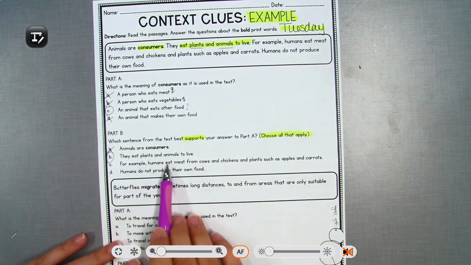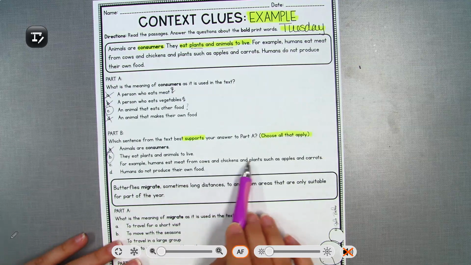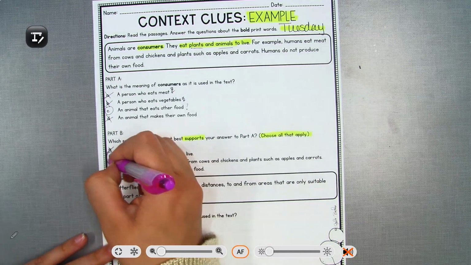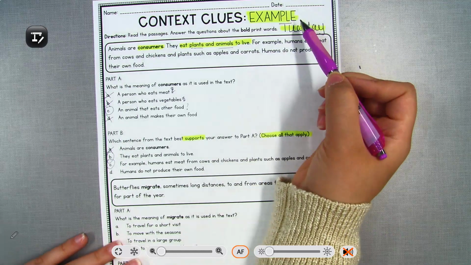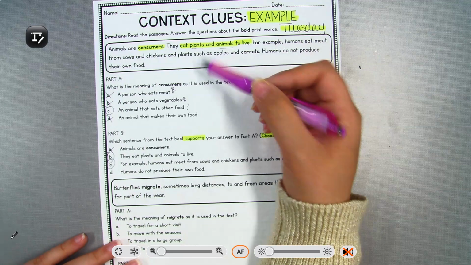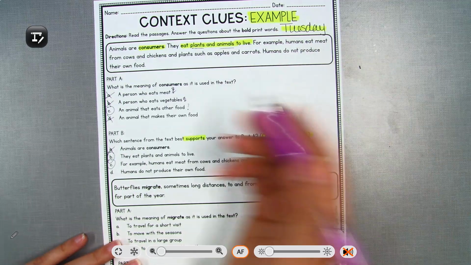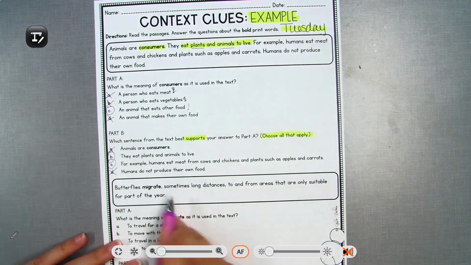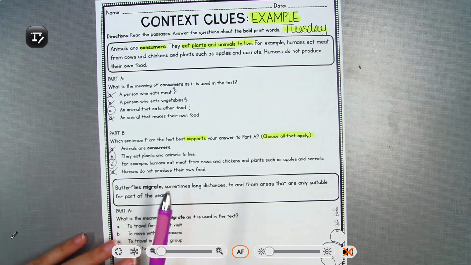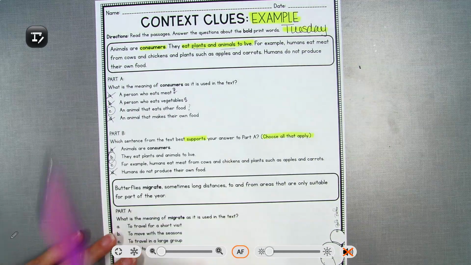For example, humans eat meat from cows and chickens and plants such as apples and carrots. Yes, because it's giving us an example. An example, human. So it's telling us if humans eat meat and plants, so do consumers, animals. And D, no, humans do not produce their own food. That's not really going to help me figure out what the word consumer is.